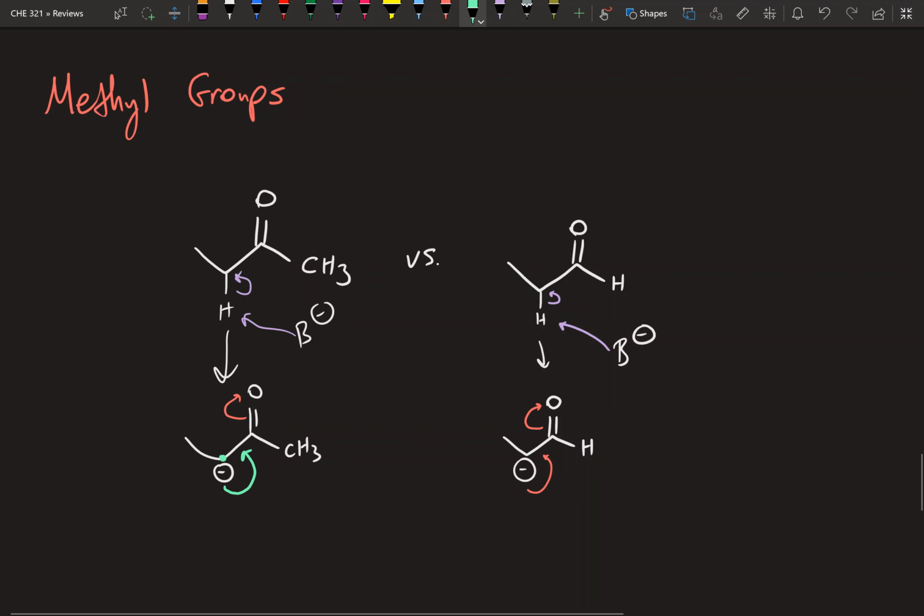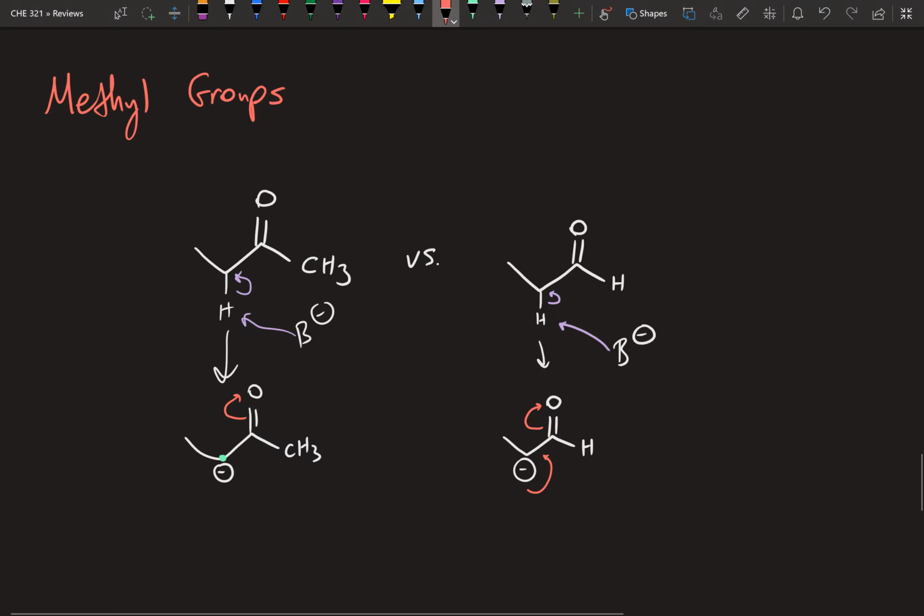Okay, they're both going to be sort of competing. There's no competing resonance here, but there is some form of electron donation competition. All right, and so you can think of it as similar to competing resonance. Just make sure you know that it is not resonance.